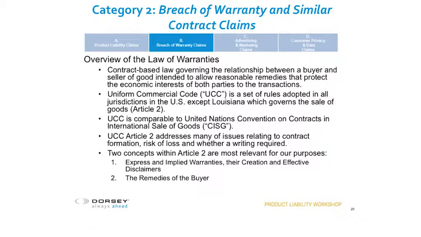And in the United States, that, for the most part, comes under the Uniform Commercial Code, which is a standard body of law that has been adopted in all states except for Louisiana, which still follows the Napoleonic Code. The UCC has within it Article 2, which governs the sale of goods. And it's very analogous to the UN Convention on Contracts and the International Sale of Goods. Many of you are probably more familiar with that than the UCC.